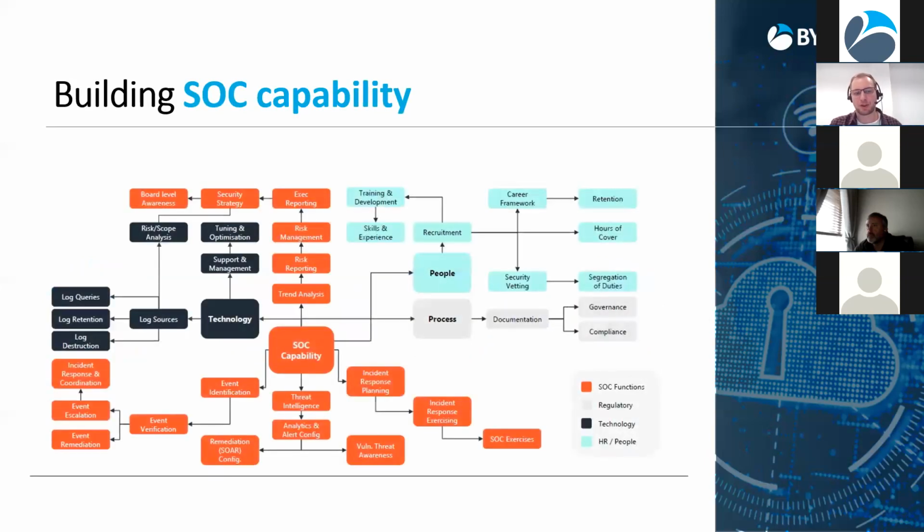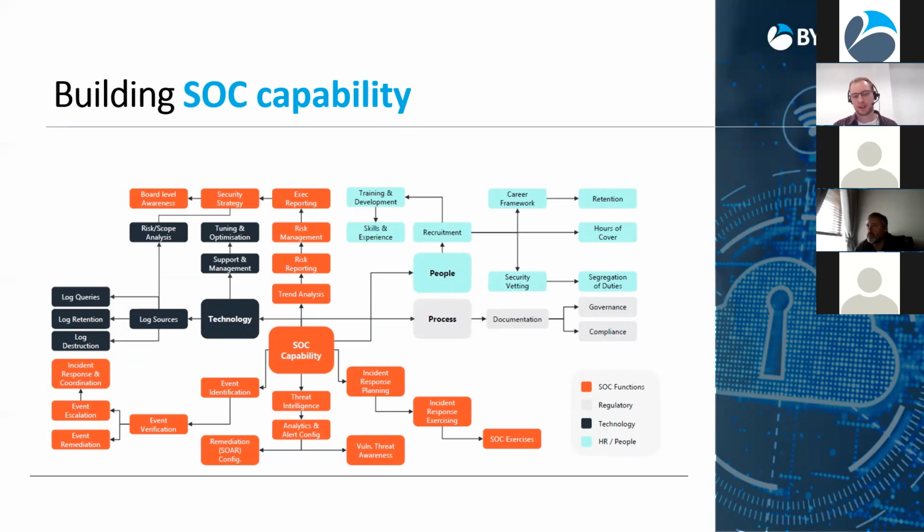So why am I actually going through the SOC capability side? Well, when we look at SOC capability, this is all around providing the desired incident response capability, right? When we see a threat come through or some kind of suspicious activity come through, we want to be in a place to be able to react and respond to this.